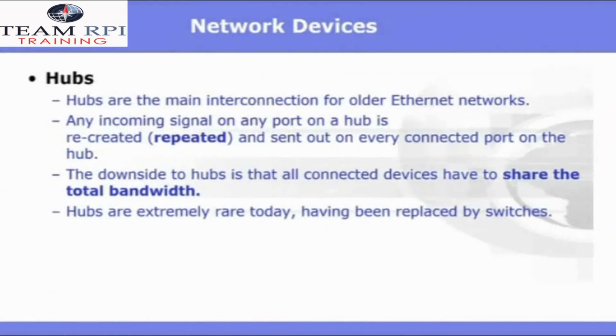Next, we'll move to different types of network devices, starting with the hub. Hubs you might also hear called repeaters. You very rarely will run into a hub today because they've mostly been replaced by switches, mainly because when you're connected to a hub, all other devices connected to that same hub have to share the total bandwidth available.